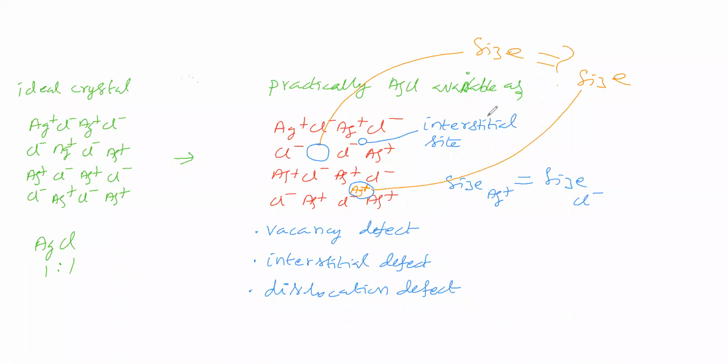Sir, now we will do one thing. We will see the size of the interstitial site and the size of the lattice site. We will discuss, and then we will come to this point.